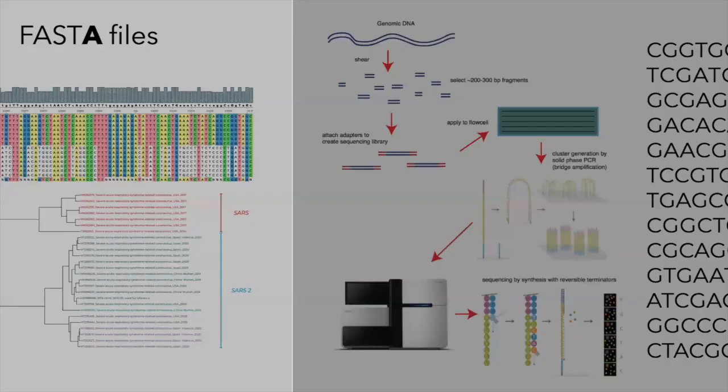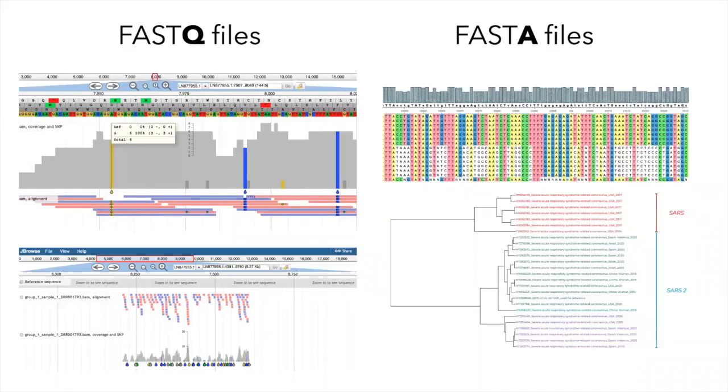What can you do with this information? For FASTQ files, because reads are randomly generated from random pieces of the whole genome, the first step that we have to do is map those reads to the reference genome.